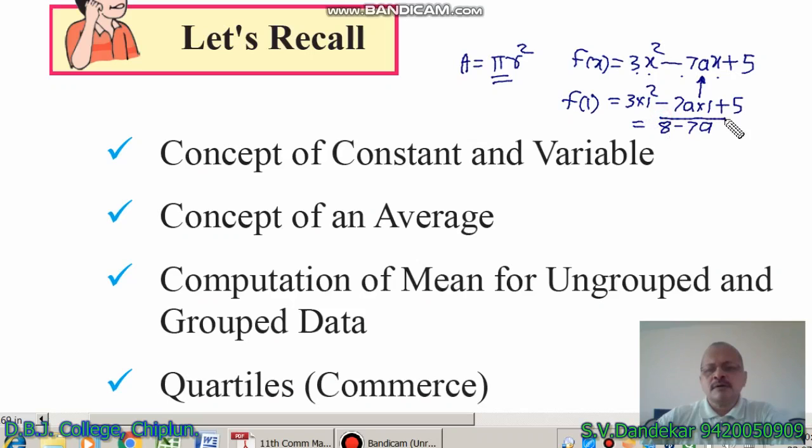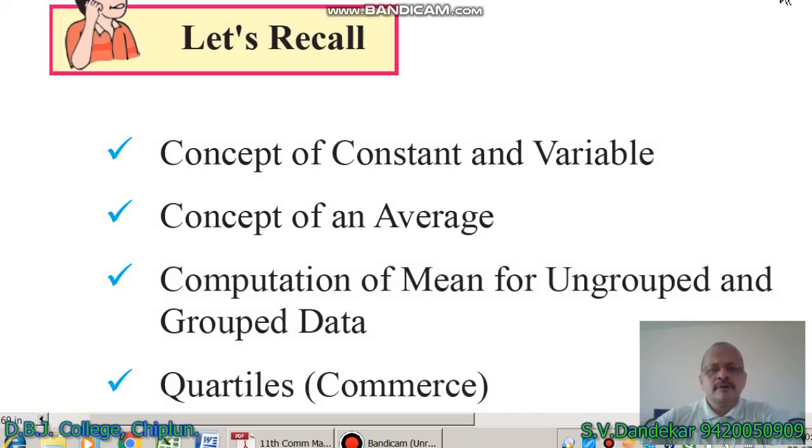This is a constant thing. For different values of a, this can be different, but for the variation of x, a is constant. So the concept of constant and variable is now clear to all of you.